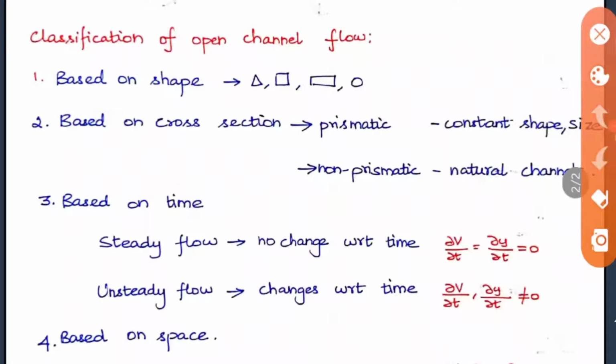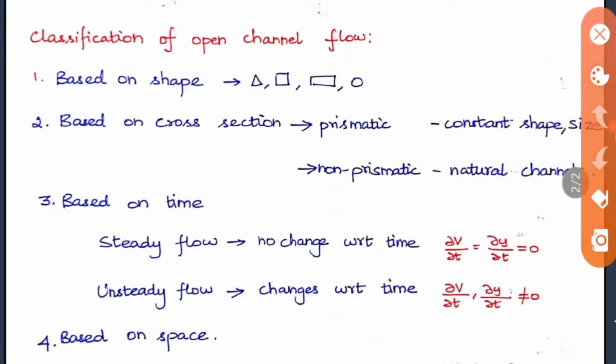The next thing we are going to see is the classification of open channel flow. So the first classification is based on the shape. So based on the shape of that canal or that surface, it may be triangular, rectangular or square open channel or even circular open channel is provided. And the second classification is based on the cross section. So cross section means we categorize into prismatic and non-prismatic.